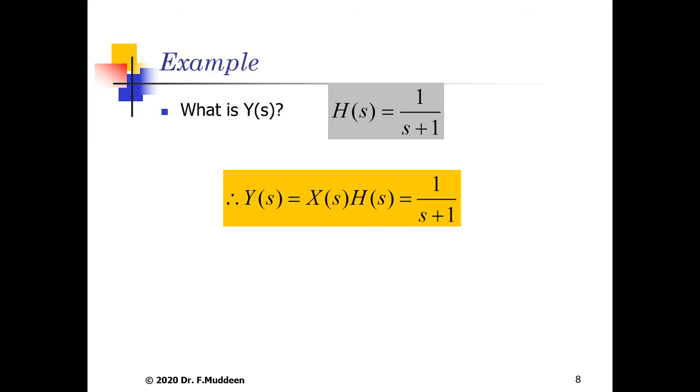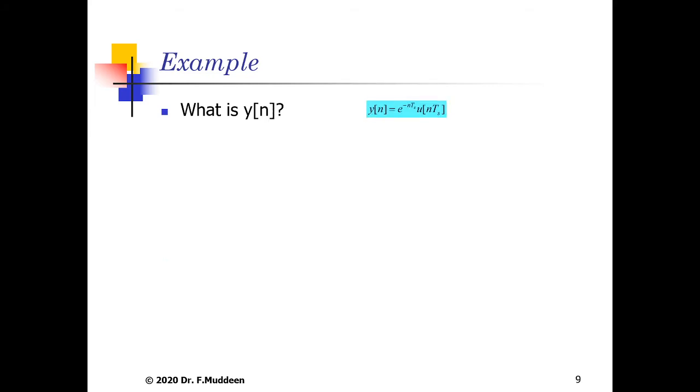We then do the inverse transform, so the inverse Laplace transform in particular, to get y(t). Once we have y(t) here, and we had our sampling time T_s equal to 1, we can transform y(t) into y(n).